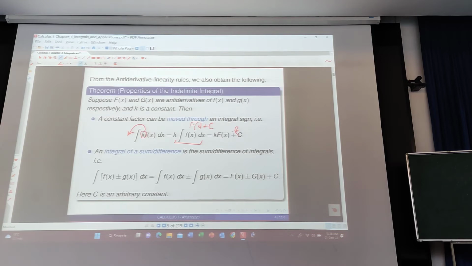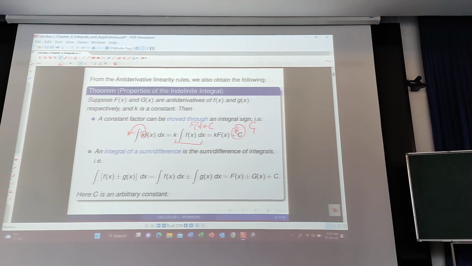In general. But because c is an arbitrary constant and k is a fixed number, kc is also an arbitrary constant. So we can replace kc by some c1 and write that c1 is an arbitrary constant.